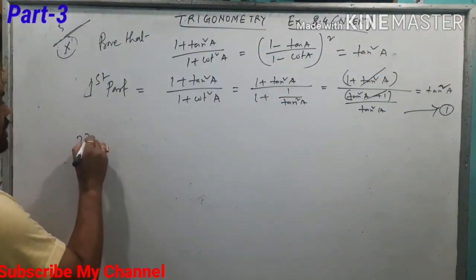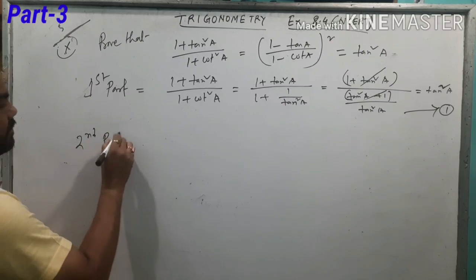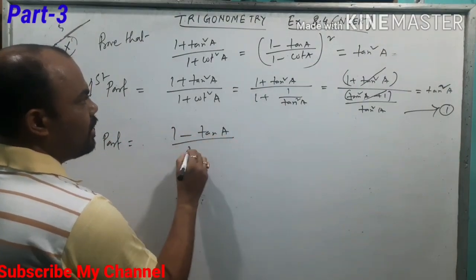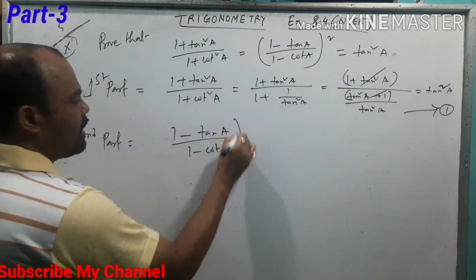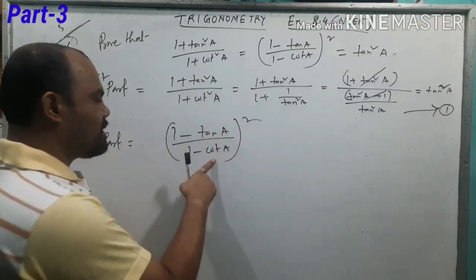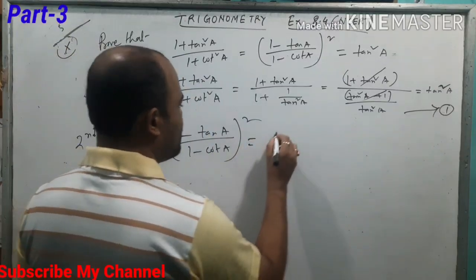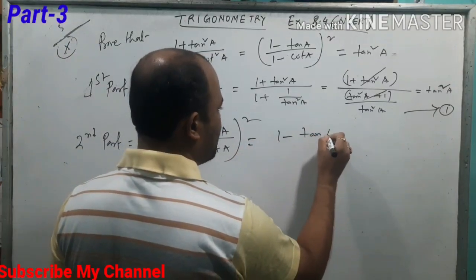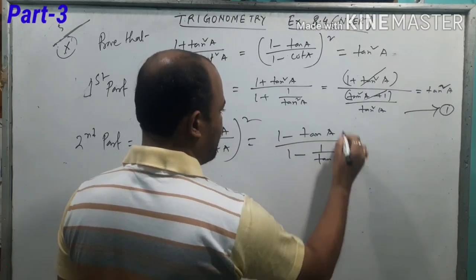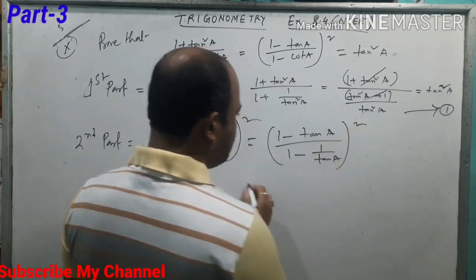So now start by writing the second part. What is the second part? It is 1 minus tan a by 1 minus cot a, whole square. Again here tan is there, cot is there, so we use the relation between tan and cot: 1 minus tan a by 1 minus 1 by tan a, whole square.